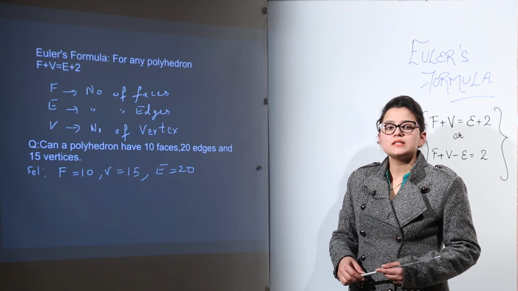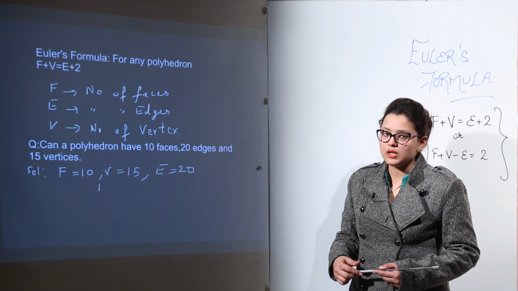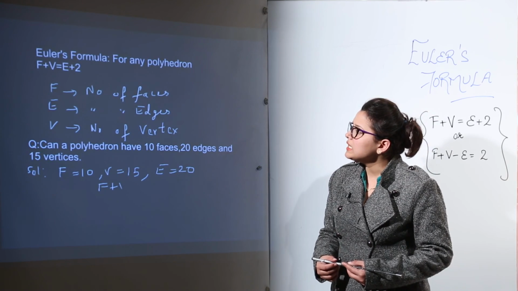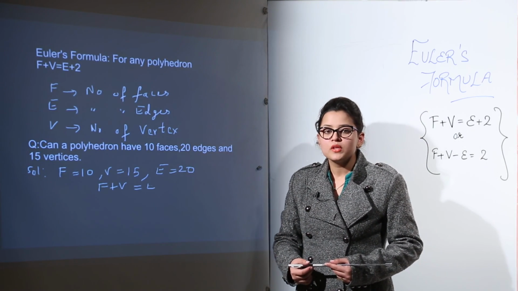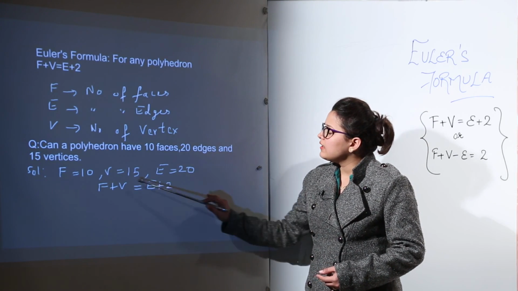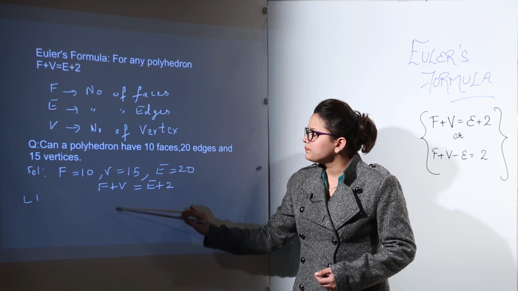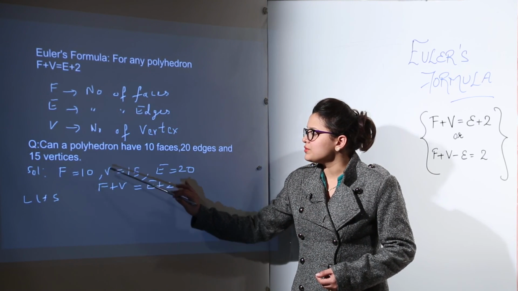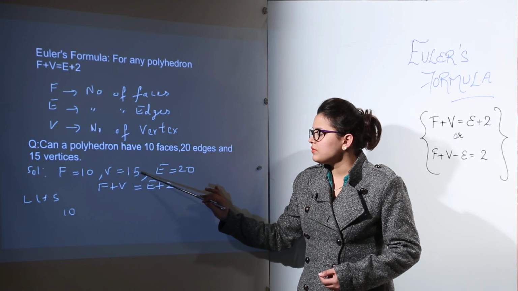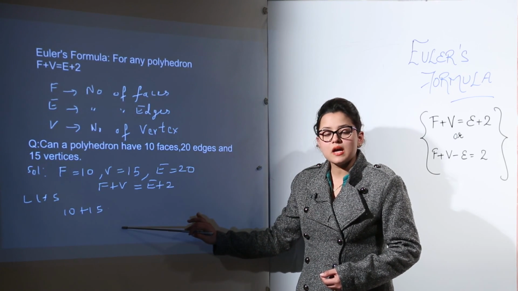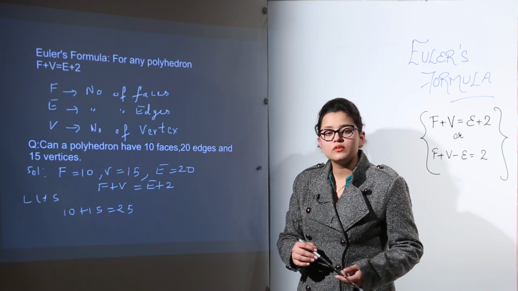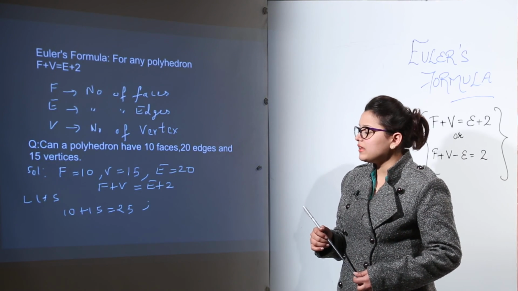Now checking it and putting it into the Euler's formula, that is F plus V equal to E plus 2. We would see that the left hand side would give us F plus V equal to 10 plus 15. Adding this up we get 25 and that is on the left hand side.